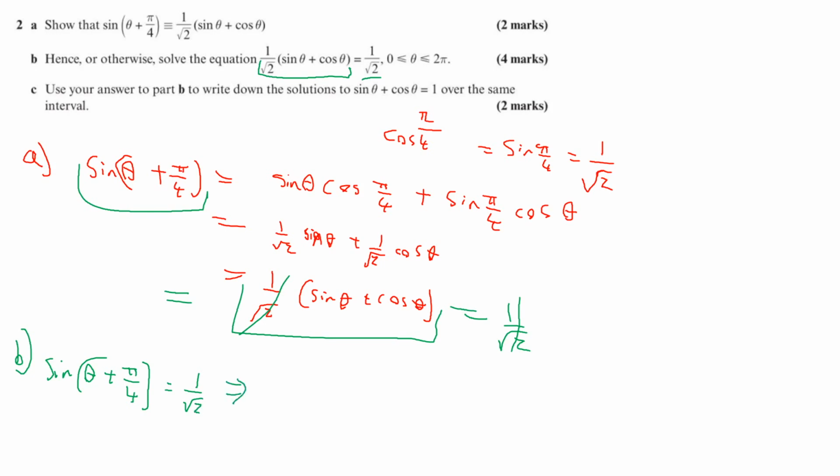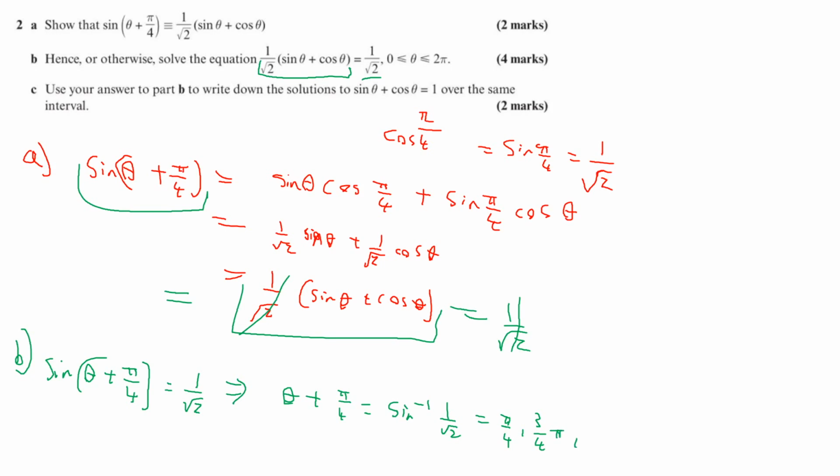Okay? Which means that theta plus pi over 4 is equal to inverse sine of 1 over root 2, which is pi over 4, 3/4 pi. Yes, 3/4 pi.